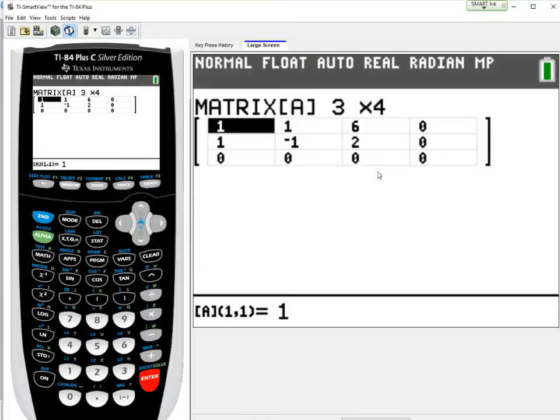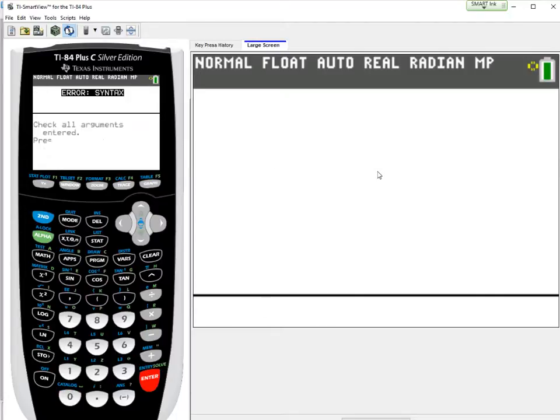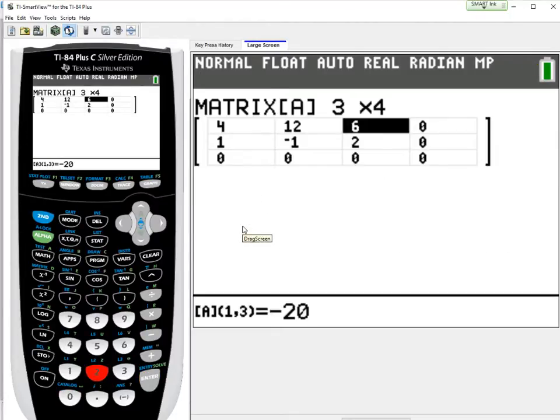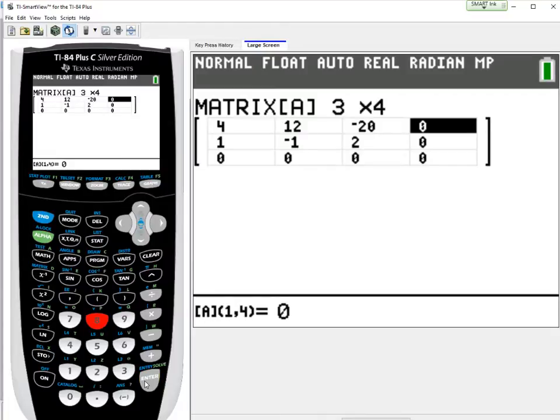Okay? So I'm just going to type in all the values, which is 4, 12, negative 20. It didn't like it. It wants this negative right here, not the subtraction. It wants the negative. And then 8.